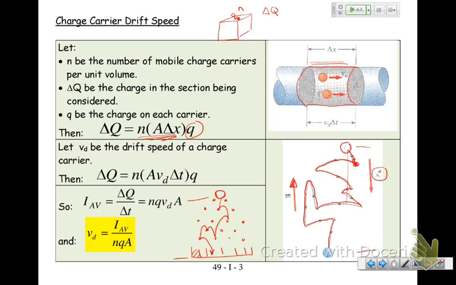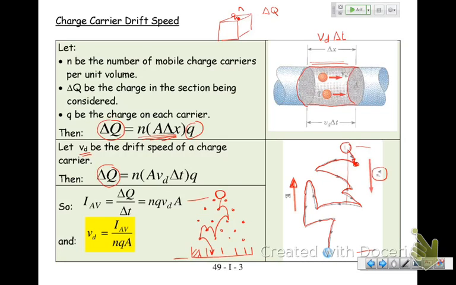So we say, okay, this is the amount of charge I have in my little section of wire. Let the drift velocity be the drift speed of the charge carrier. So that means that the charge is equal to N, and rather than saying delta X, I'm going to say my drift velocity times delta T. Velocity times time is like distance.